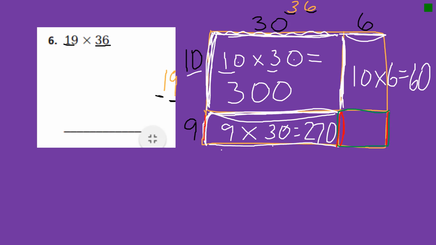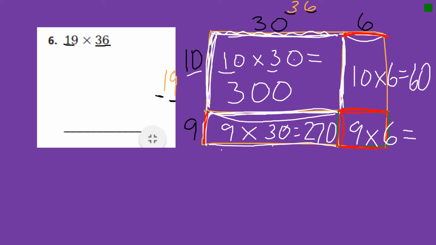Look way down here though. There's one, 9. So we're going to have 9 rows of, now let's take a look, 9 rows of no label, no label. Where's another parallel line? There it is, labeled. 9 rows of 6.